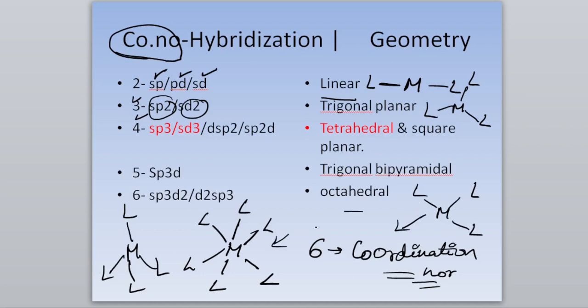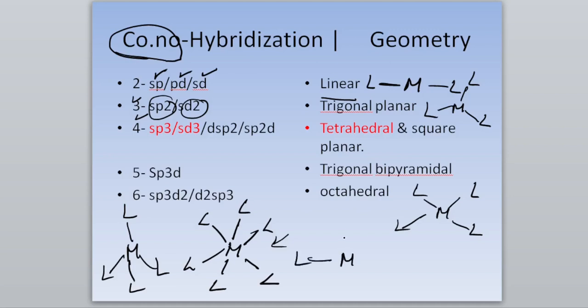And this is the octahedral structure. For trigonal bipyramidal, let me erase this and I will write. The structure will be something like: it will first form a triangle, and bipyramidal.